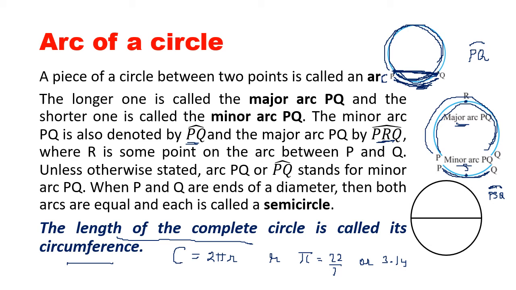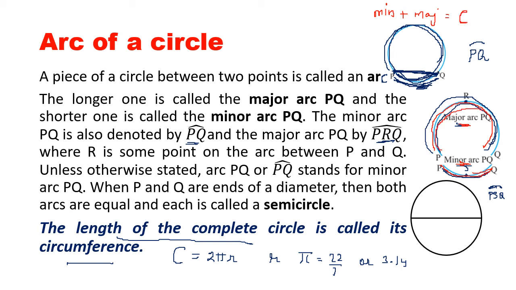Okay? So this whole circle is the circumference, right? But now it is broken into two arcs, minor arc and major arc. So if you add the length of the minor arc and the length of the major arc, then you will get the circumference of the circle.